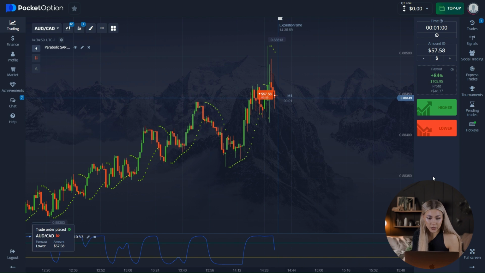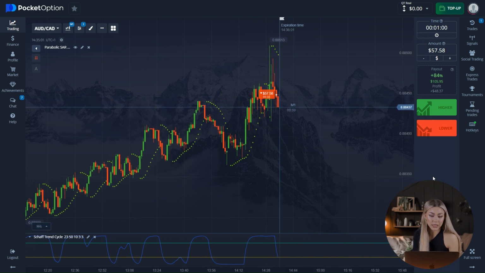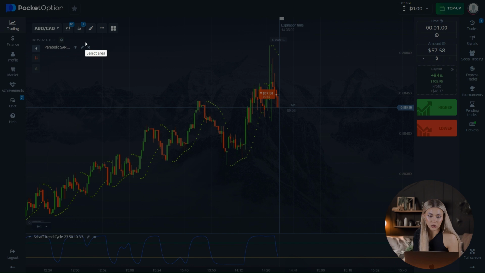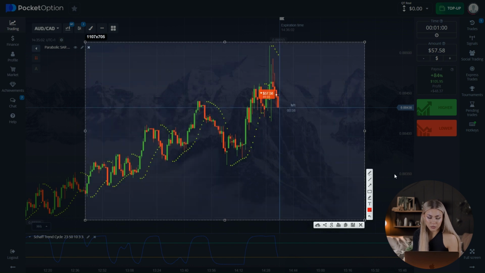Friends, this time we're opening an option for the Australian and Canadian dollar currency pair to go down. As usual, let's snapshot the situation to understand what's happening. So here's the nearest support level, alright? The chart has room to drop to it, and that's where I'm predicting the quote prices will be in a minute.